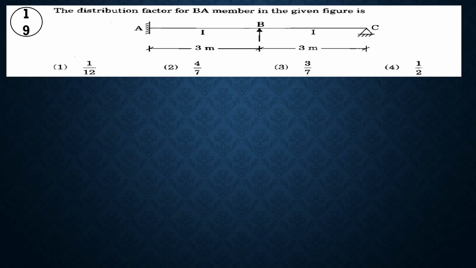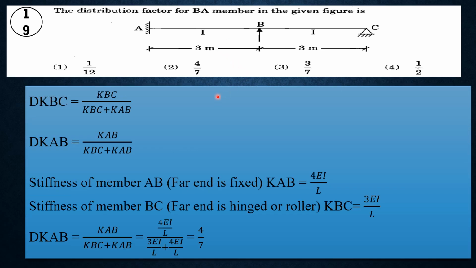Then next, the distribution factor for BA member in the given figure is? For calculating the distribution factor, DFBC is KBC divided by KBC plus KAB, and DFAB, the distribution factor for AB, is KAB divided by KBC plus KAB.